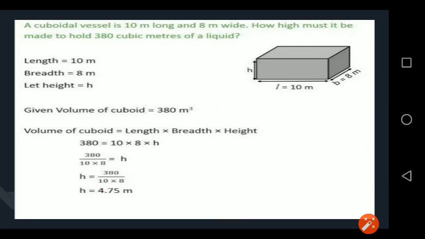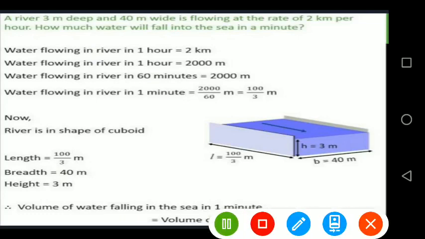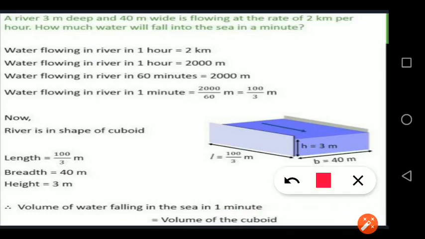Okay. Now next question. A river is 3 meter deep and 40 meter wide, flowing at the rate of 2 kilometer per hour.